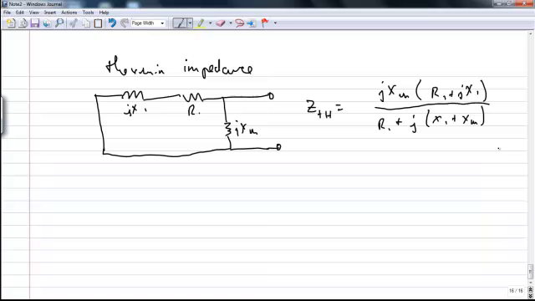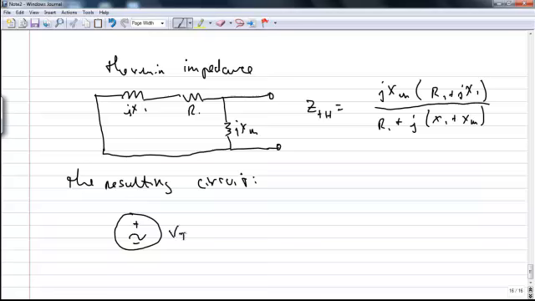So now we know the Thevenin voltage. We can redraw the circuit. So the result: we have our Thevenin voltage, Thevenin resistance, Thevenin reactance.